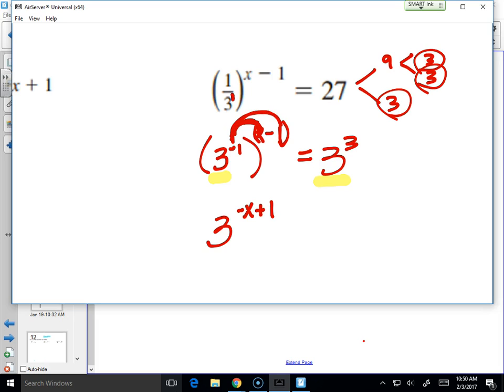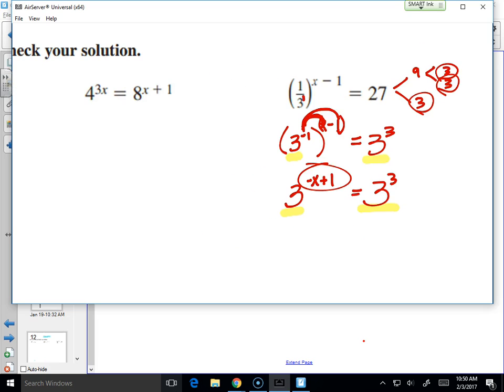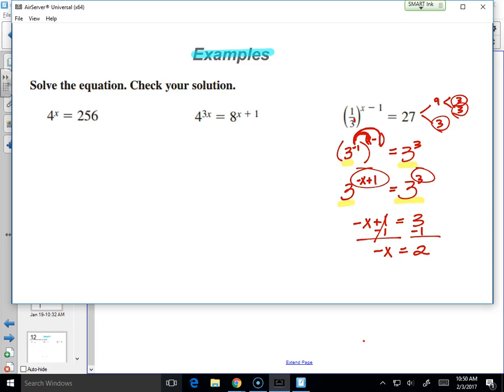Plus 1. Sadly, this is the only legal way of doing this problem. But we have like bases. Now it's easy cheesy-ish, but it was hard to get here, right? Then we can multiply or divide by a negative 1. Either one works. And we get x equals negative 2.